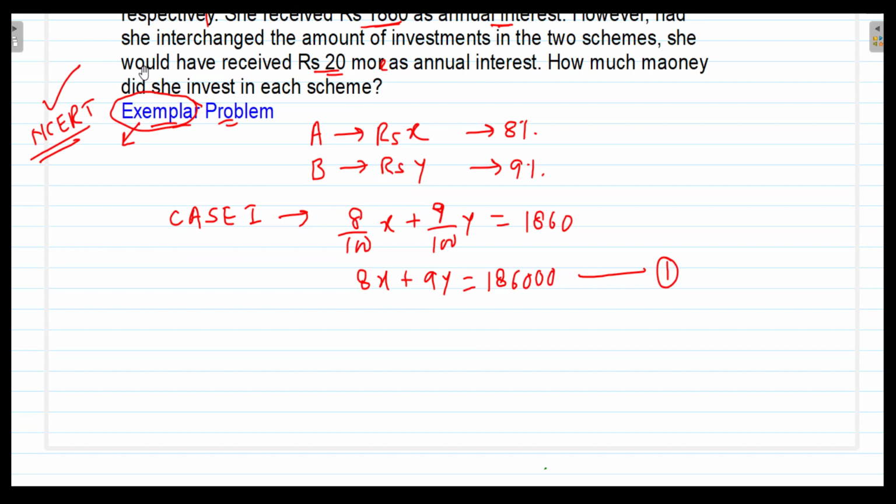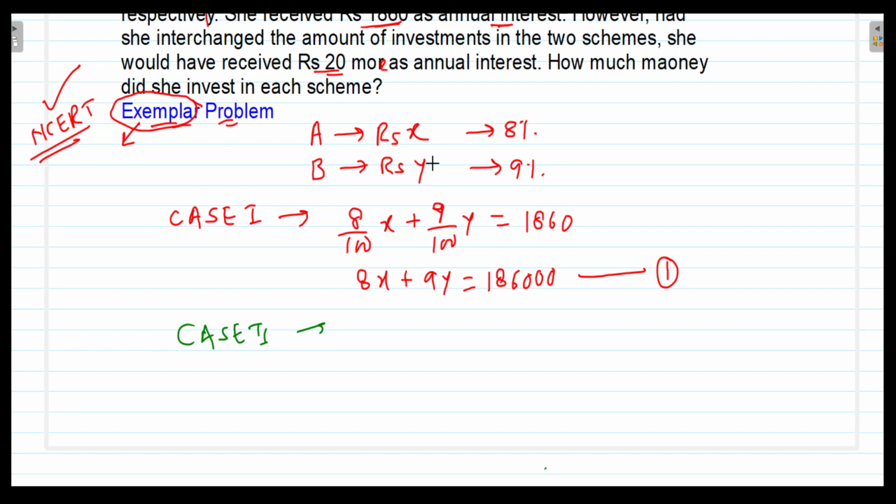Now from condition 2, case 2, we get that if the investment is interchanged, then she will get 20 rupees more as the annual interest.